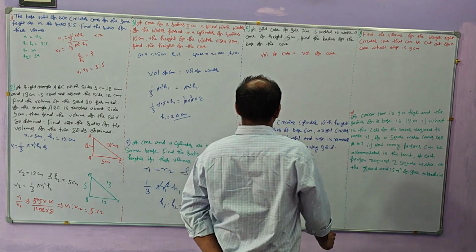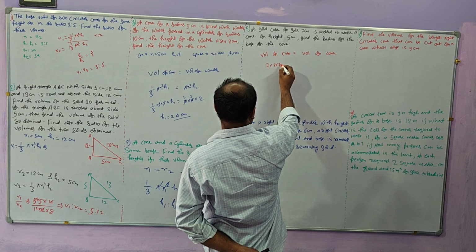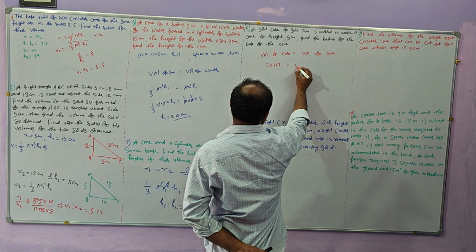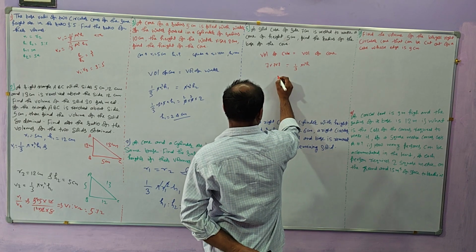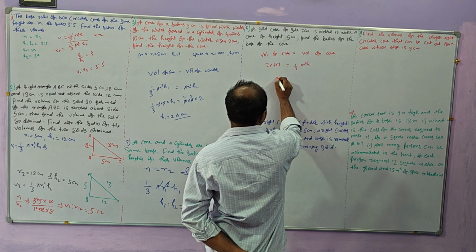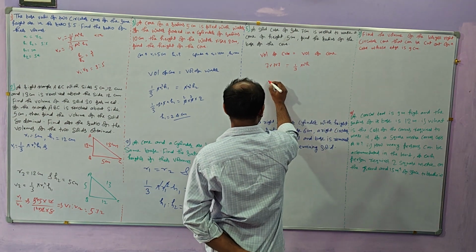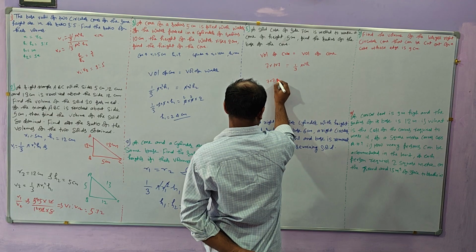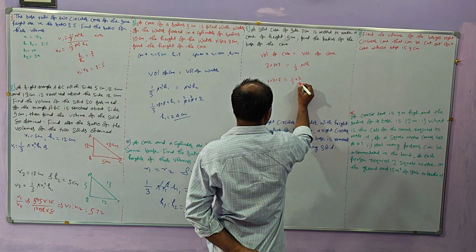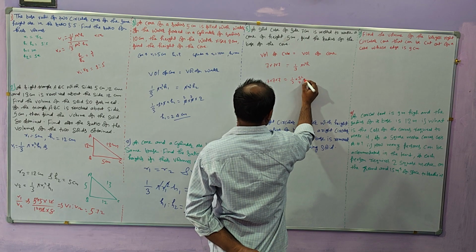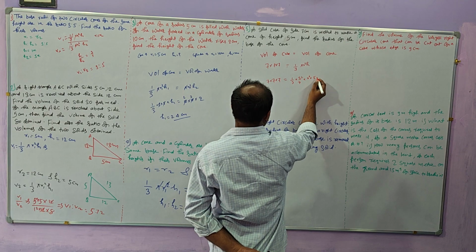So volume of cube is what? 7 into 7 into 7. And volume of cone is what? 1 upon 3 pi r square x. And we have given x is equal to 5. So 7 into 7 into 7 is equal to 1 upon 3 into 22 upon 7 into R square into 5.